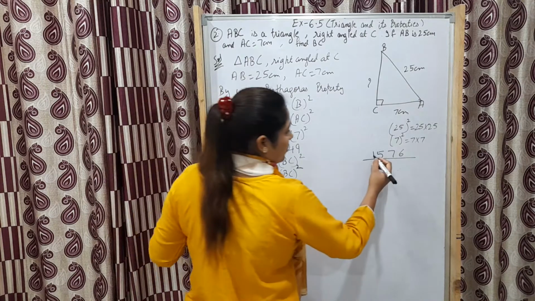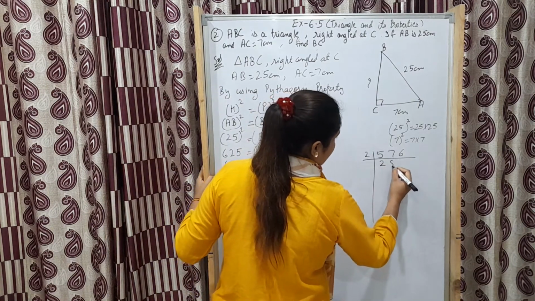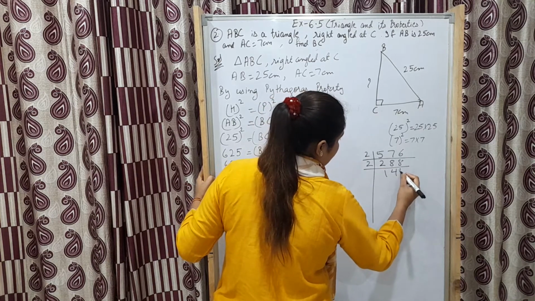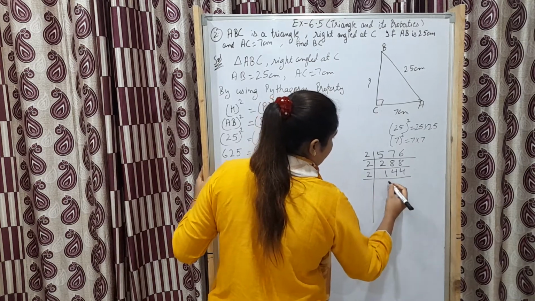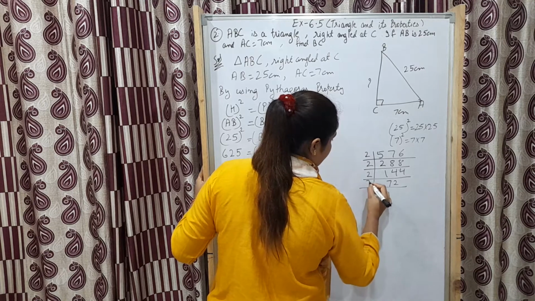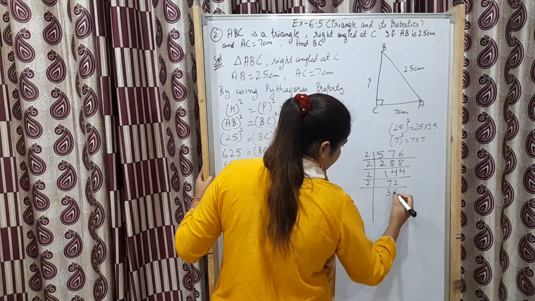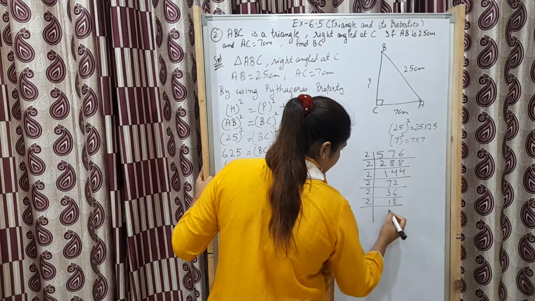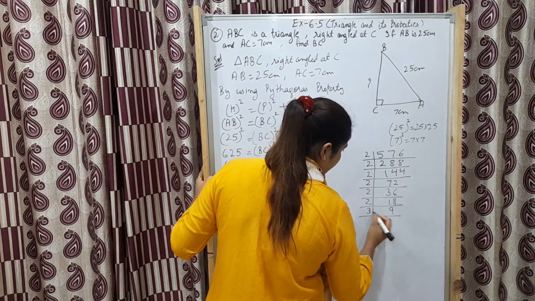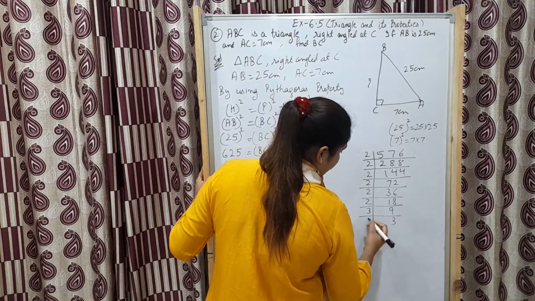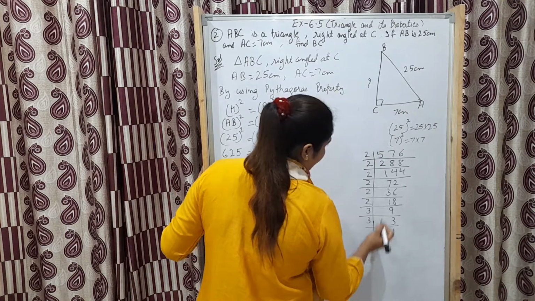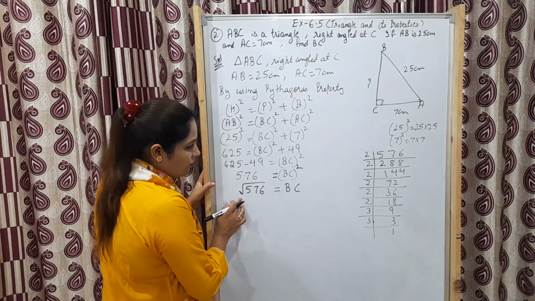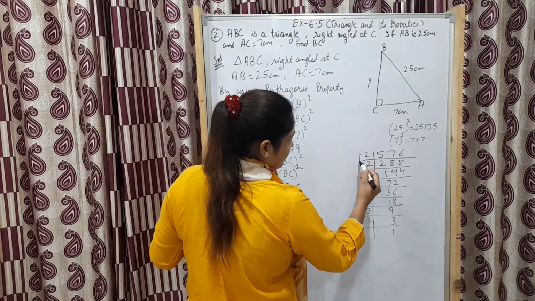First on the table of 2, again on the table of 2, again on the table of 2. So I am doing on the table of 2 and at the last on the table of 3. This is prime factorization.